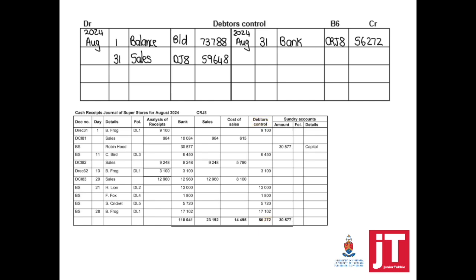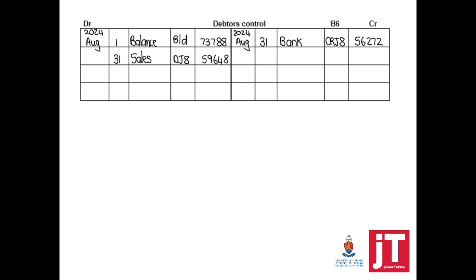Once we are done posting from the journals, we can balance this account. There's an entry on the debit and the credit side, which means we start with the debit side by adding it up together. The difference is the balance carried down, which means balance brought down.